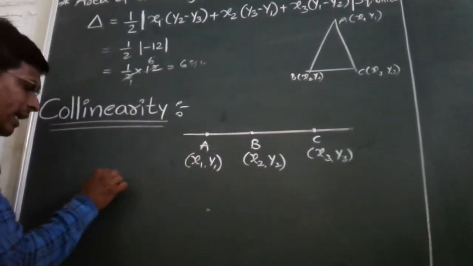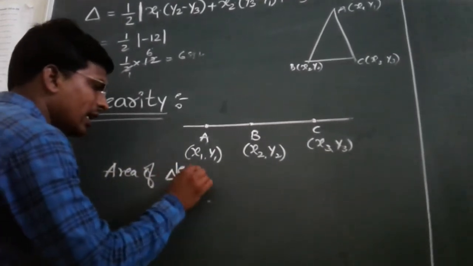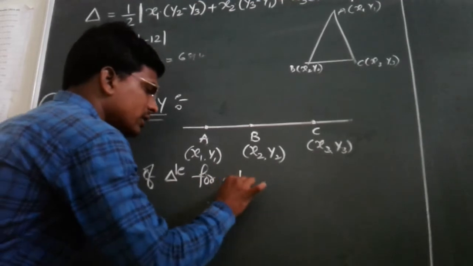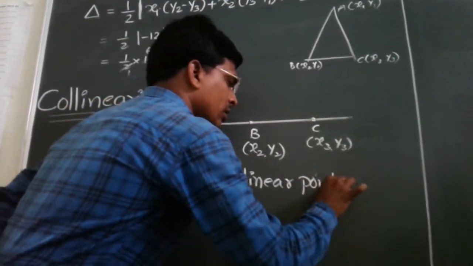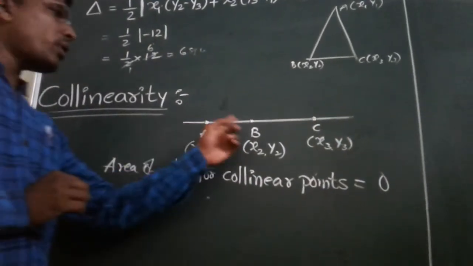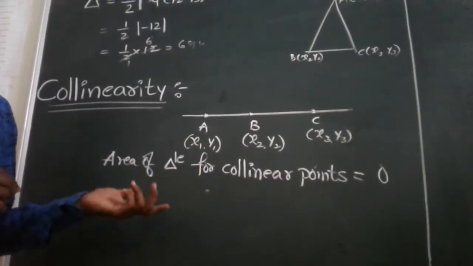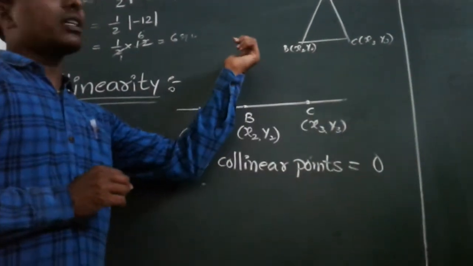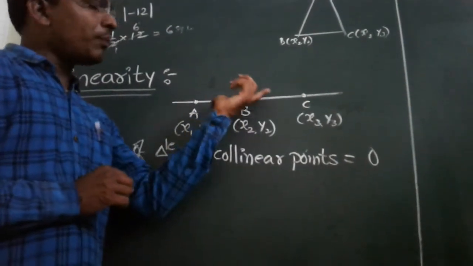So that's why the area of a triangle for collinear points is equal to 0. Why? Because collinear points cannot form a triangle. To form a triangle, 3 points should be located at 3 different places, but these 3 points are located on a single line.